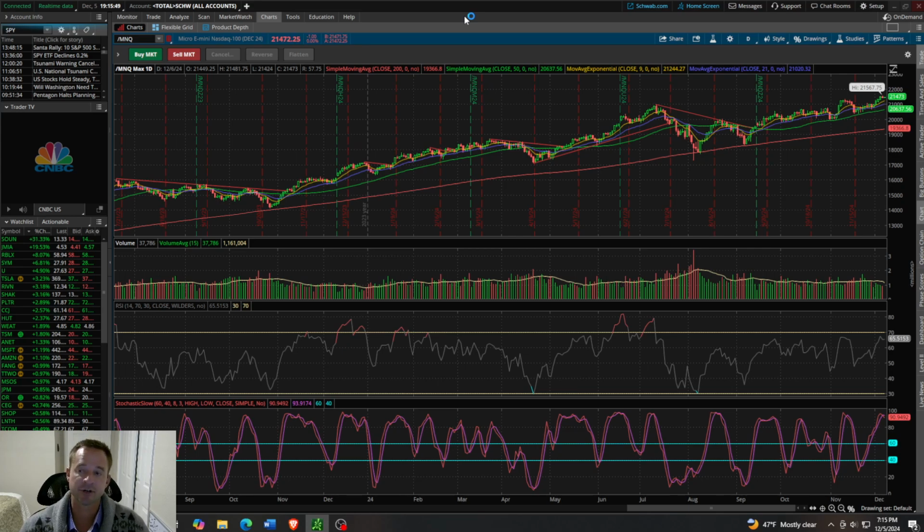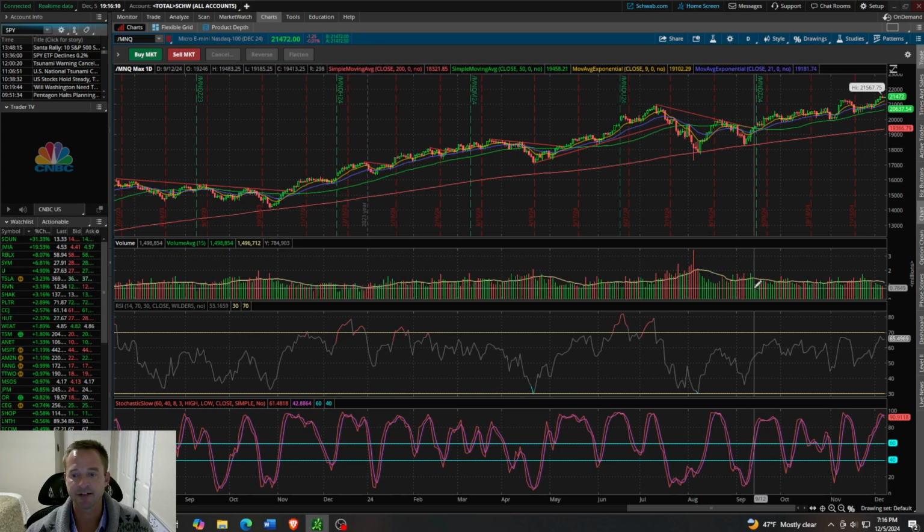Something else to watch out for is when price goes flat after a large run up, and the price is going flat on high volume. Become wary of that for a reversal lower.